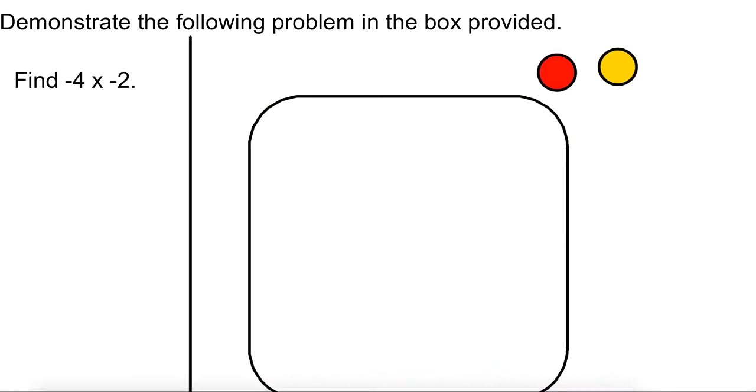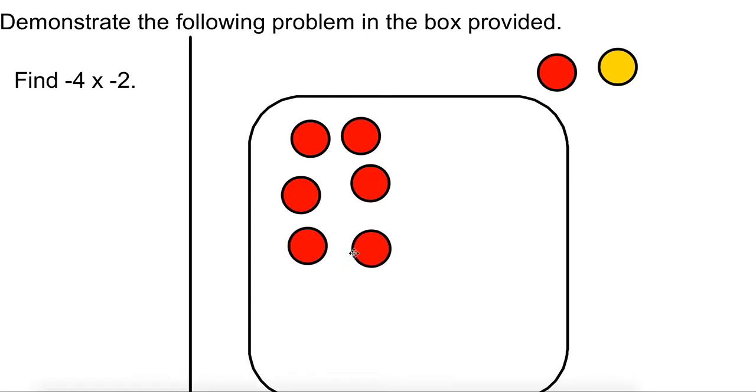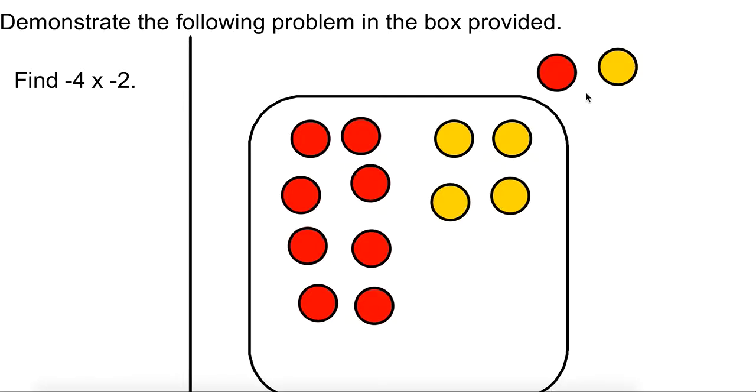So let's try another one. I need 4 negatives, 4 groups of 2's. So I'm going to put 4 groups of 2 in here. If I put in negatives, this is saying it's negative 8 right now, but I'm not sure that's right. So I need 4 positives, 4 groups of 2 that are positive.